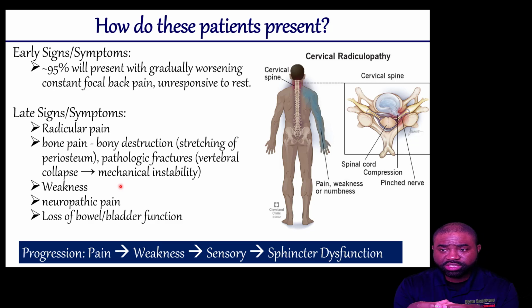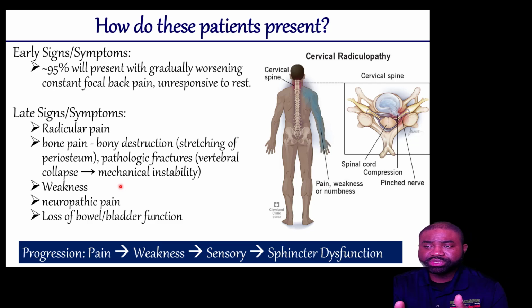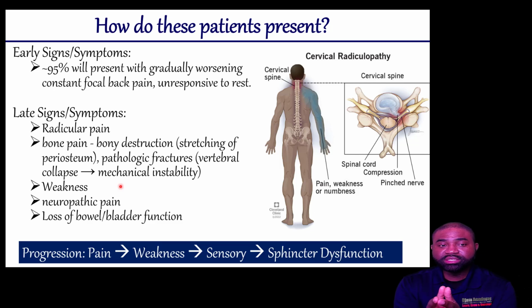Now the pain actually travels along the spinal nerve root, and can usually be accompanied by numbness, tingling, or muscle weakness. When radicular pain occurs, it is really an indication that the spinal nerves are being compressed or pinched or inflamed.